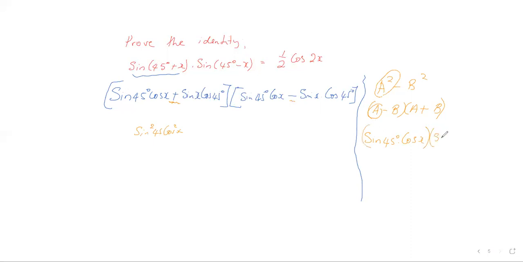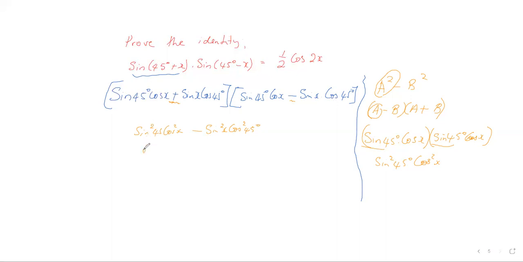If I square it, it becomes sine 45, the cos of x, sine 45 squared, and that will be cos squared x. That's what I have here. Minus the square of that is sine squared x, cos squared 45 degrees.